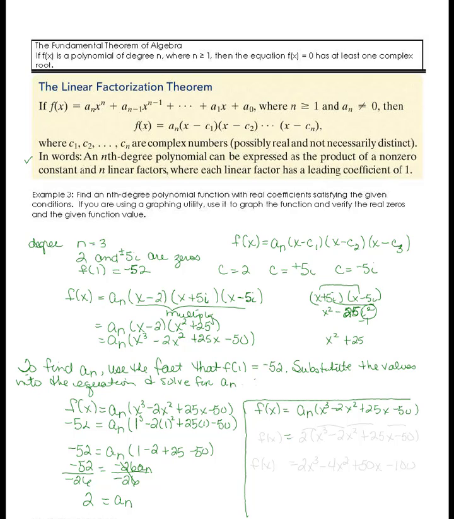We plug in the number 2 for a sub n, so we have 2 times x cubed minus 2x squared plus 25x minus 50. Then let's distribute. Given those conditions, our equation is f of x is equal to 2x cubed minus 4x squared plus 50x minus 100.